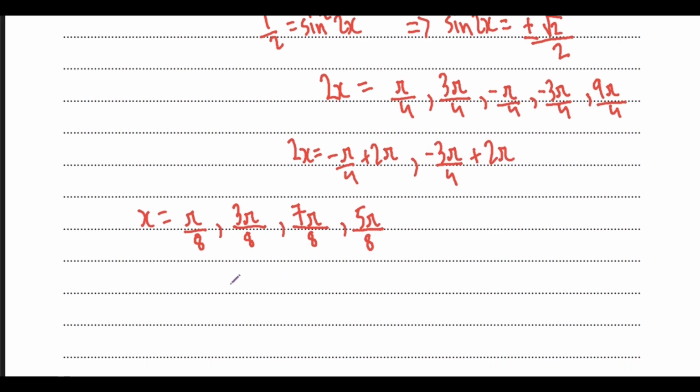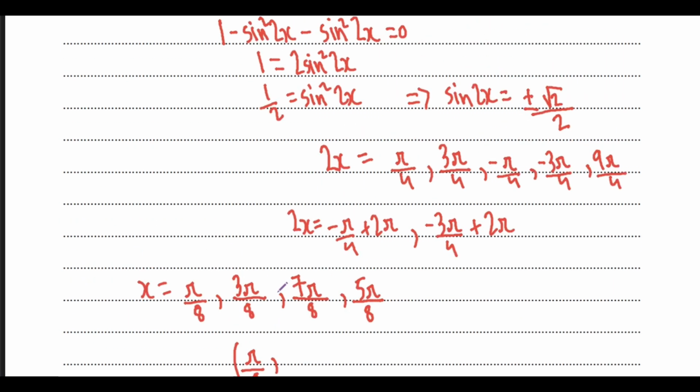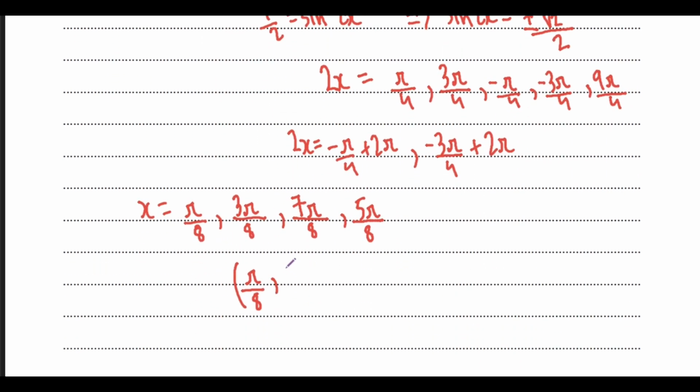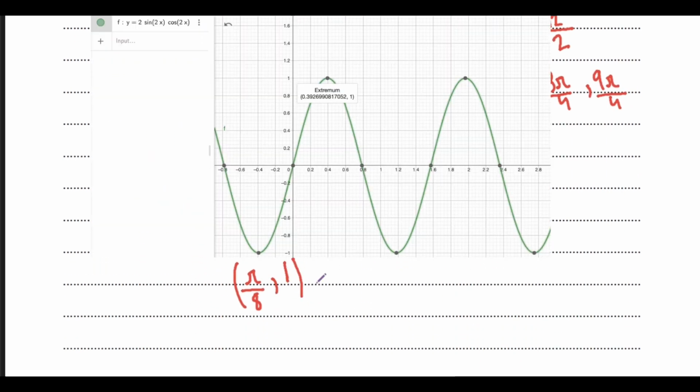So we have 4 turning points. We have pi over 8. And you can put these numbers back into y is equal to 2 sine 2x cos 2x, and you'll get these numbers. And I'll also put a graph up if I can edit properly, and it will show you that these are the correct values for y, for the turning points.